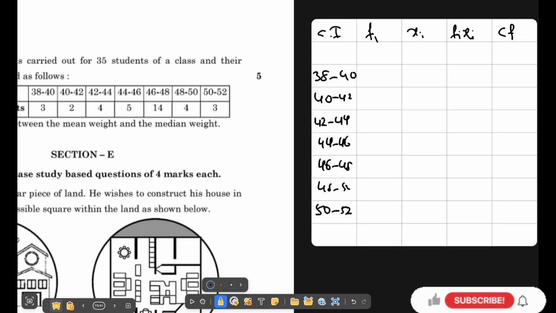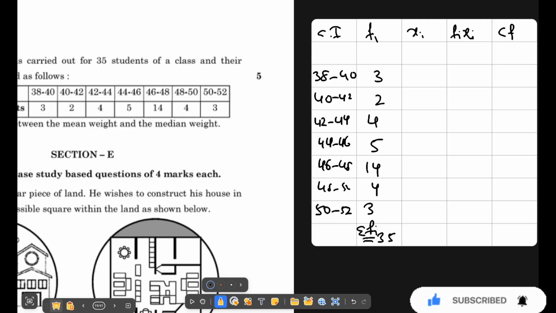So frequencies are 3, 2, 4, 5, 14, 4, 3. So total number of students, it is already given in the problem, 35. Total number of students, sum of the frequencies, is 35.